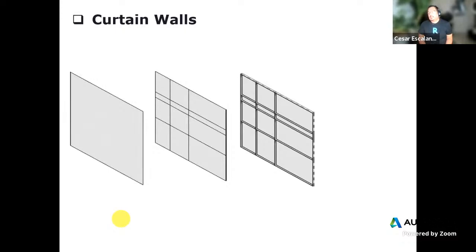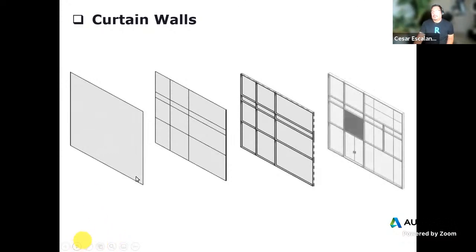But a mullion is basically a two-dimensional extrusion, a two-dimensional area extruded along the length of a grid.